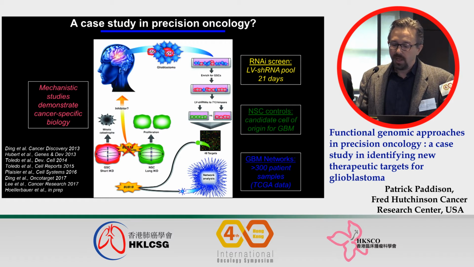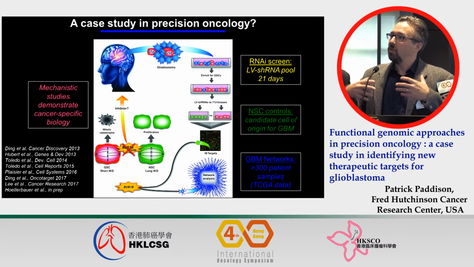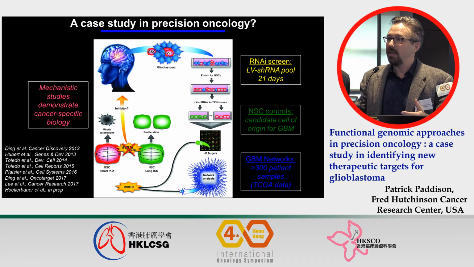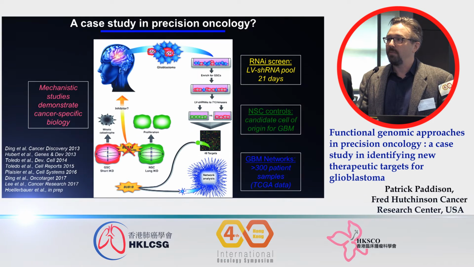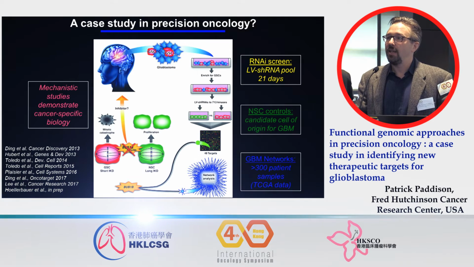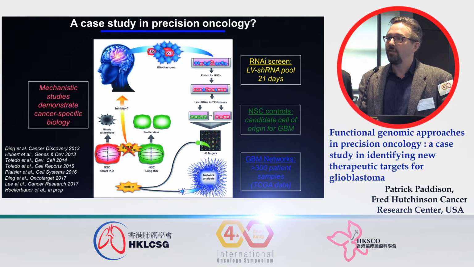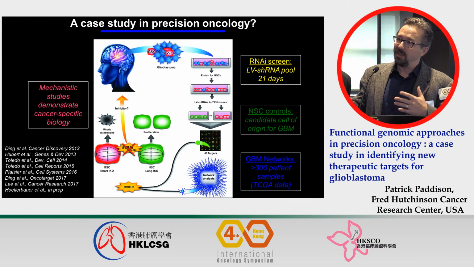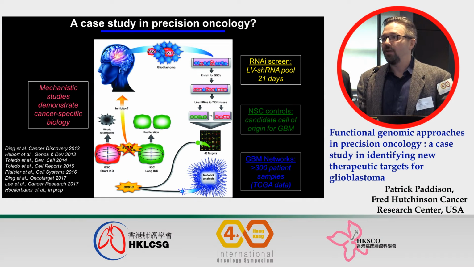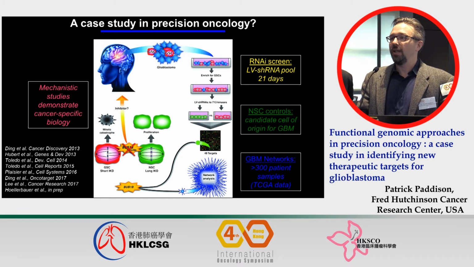And so we basically perform screens. We look for hits, in one case, sort of just generally lethal genes, and we do comparisons. We try to integrate this information into networks derived from patient databases. And then we try to identify the things that, in this case, tend to kill the GBM cells, but spare the normal cells, with the hope that we can create sort of an in vitro model for therapeutic window.